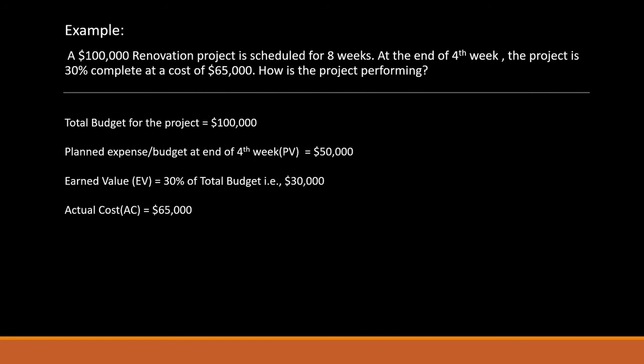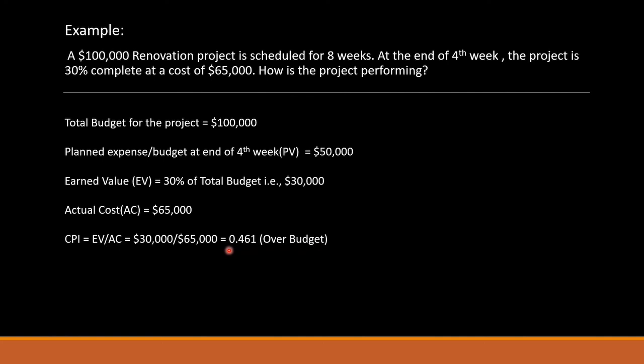We already know our SPI and CPI formulas, so we're going to use those formulas to find out our indices. CPI, if you remember, is earned value over actual cost, which is $30,000 divided by $65,000, equal to 0.461. Note that the CPI is 0.46, which is less than 1.